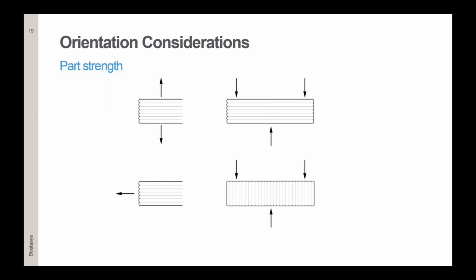To explain it a little bit better, on the top left corner you see the layer lines being pulled apart, which will probably, due to the weaker bonds, pull apart. On the top right corner, you will see that the layer lines are compressed, and this will probably be a better variation. Different orientation on the left side, if you see it is pulling along layer lines, will give you better strength, as with the same if you are pushing or compressing against the layer lines, which will probably break.